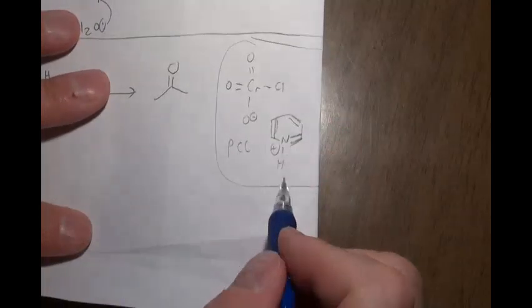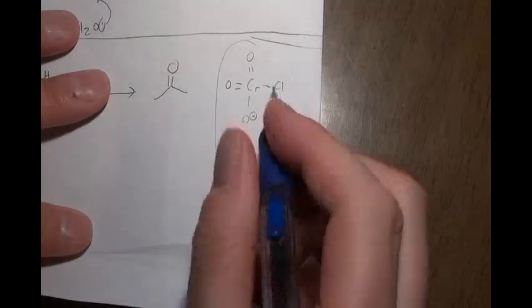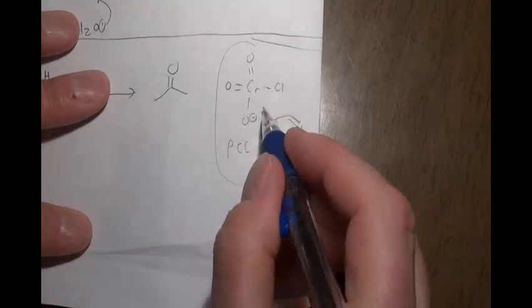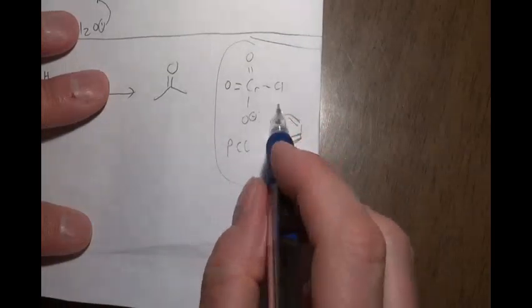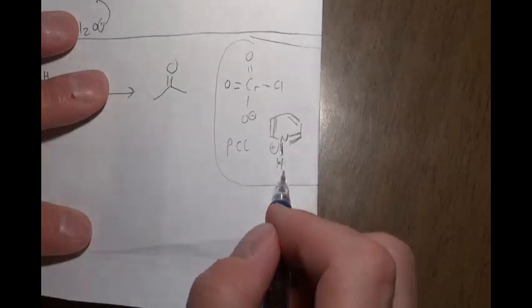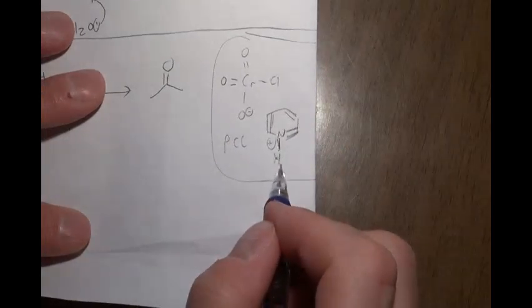PCC, pyridinium, it's an N+, chlorochromate, PCC, is this. Chromium 6, it's a chromium 6 with a pyridinium plus charge on there.